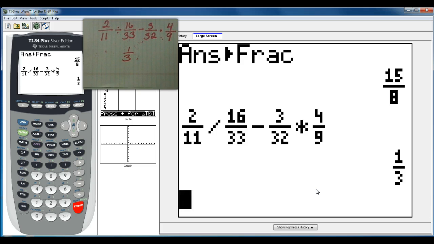Let's do two more types of problems that you may see. This problem here, 1/2 plus parentheses 1/2 squared minus 5/8, just requires you to put the square sign. Again, if you're going to do it without the upgrade, my suggestion is that you do the parenthesis first and then go back and write the problem from left to right.